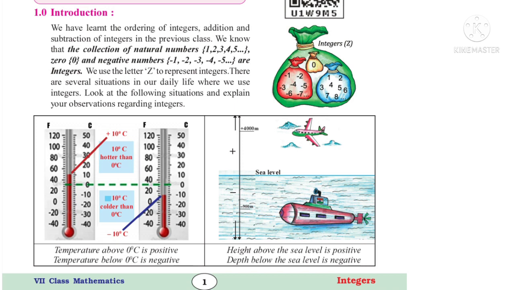There are several situations in our daily life where we use integers. Look at the following situations. To understand the examples below, let us take the number line in a vertical direction. Now take the first figure. Observe that there are two thermometers. Thermometers are used to measure temperature.